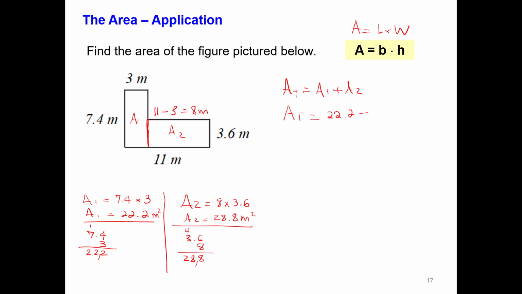22.2 plus 28.8 square meters. Let me write the units here. Now to calculate the total area, we need to add the numbers together. We add 22.2 plus 28.8.